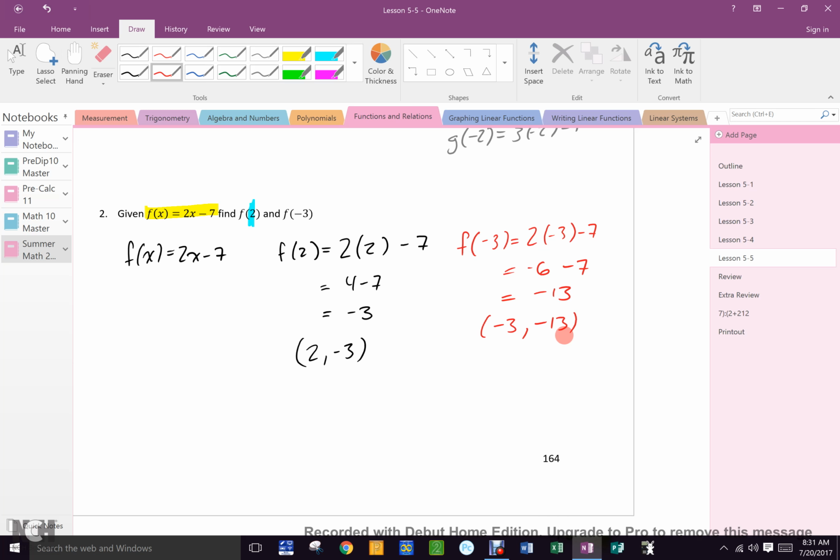So what if I asked you for the f of 3 halves? What would that be? Again, don't bother thinking of the answer. Write it out. 2 times 3 halves minus 7, which would be what?